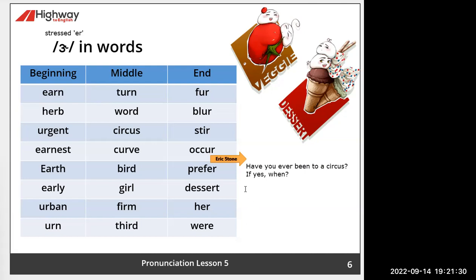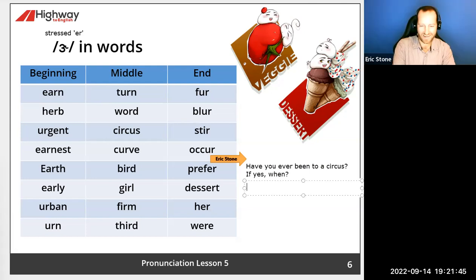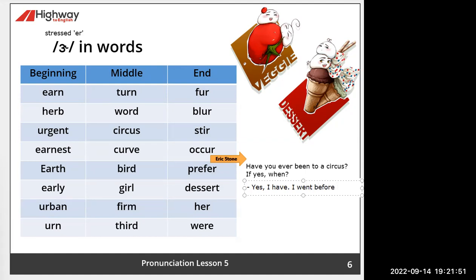Yes, I have been. When, if it's yes? This is before COVID. Okay, all right. Yes, I have. I went before COVID. Uh-huh. Okay. All right.